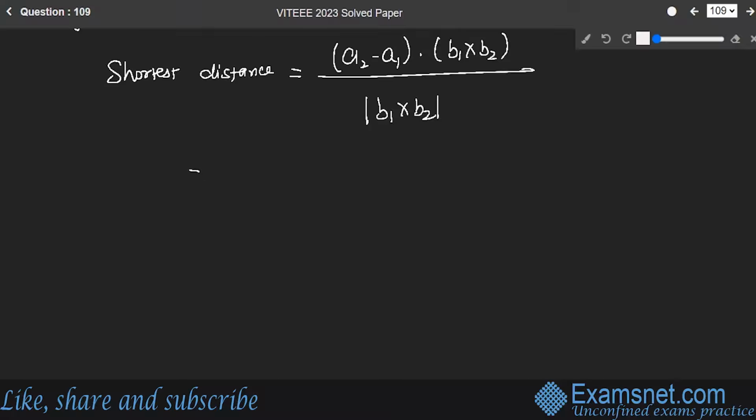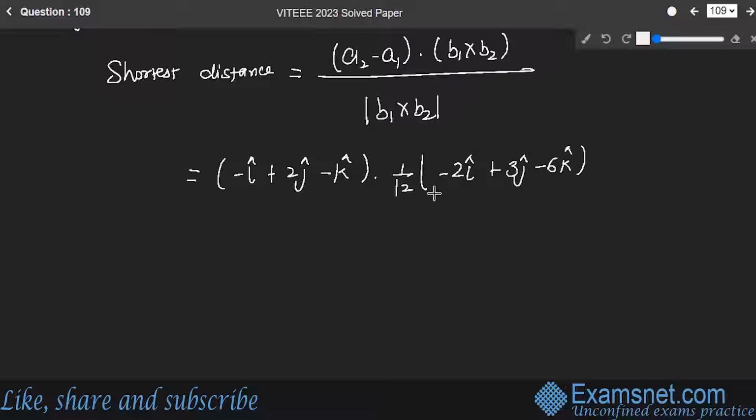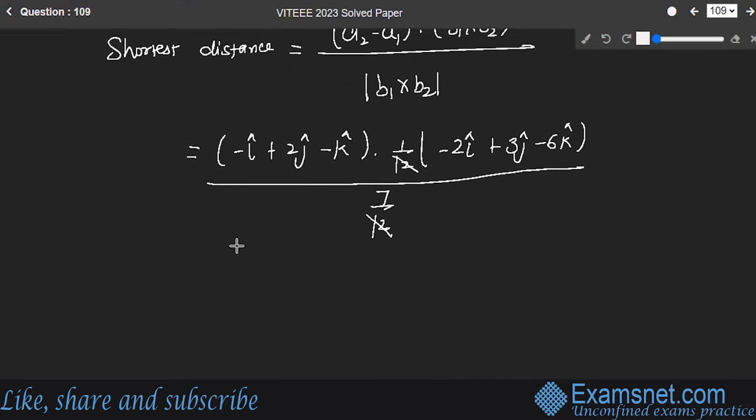So that is equal to minus I plus 2J minus K dot of 1 by 12, and this was equal to minus 2I plus 3J minus 6K, whole divided by 7 upon 12.